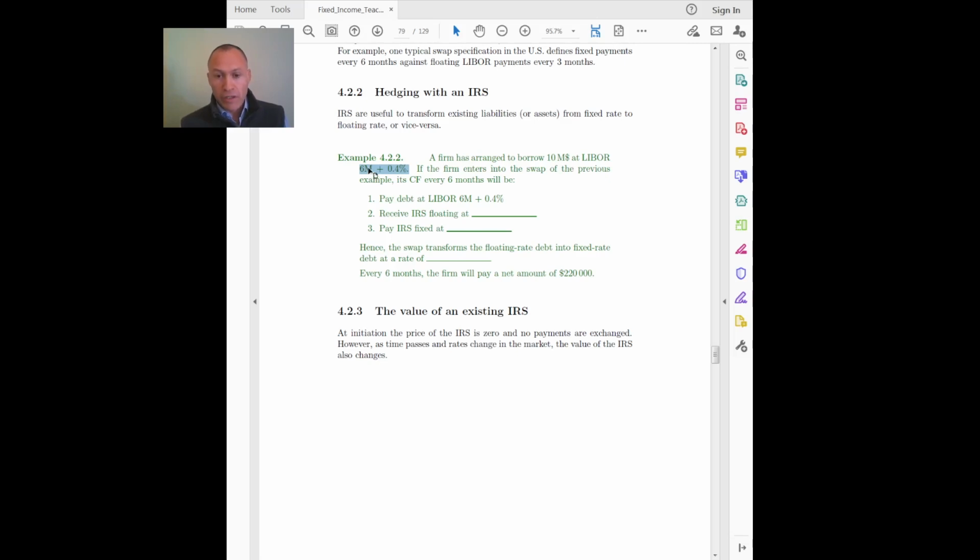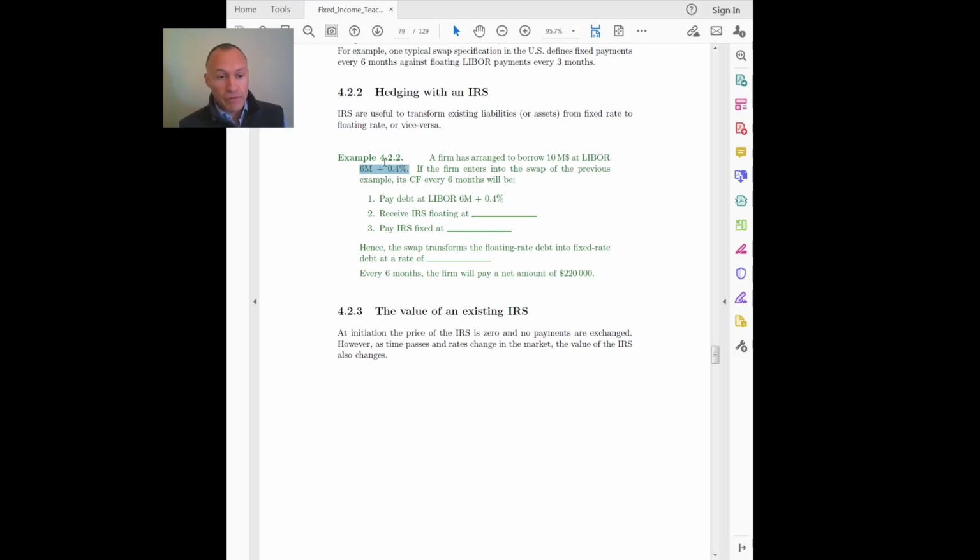Okay. So the firm could retire the bond, namely buy back all the bonds that they have issued, and then issue a new bond at the fixed rate. But that obviously has high transaction costs.